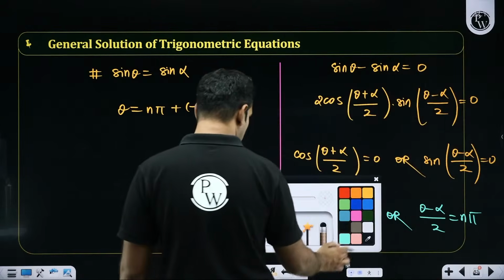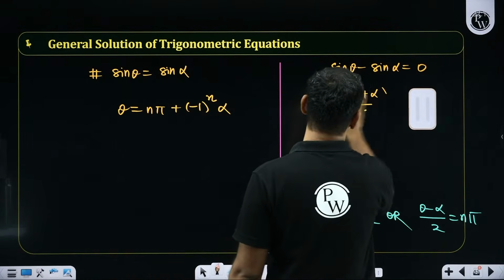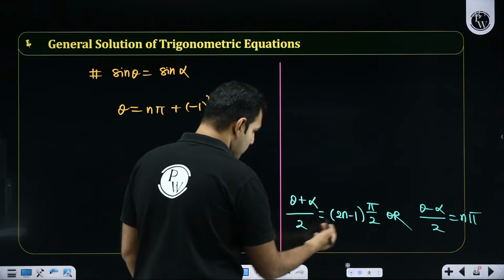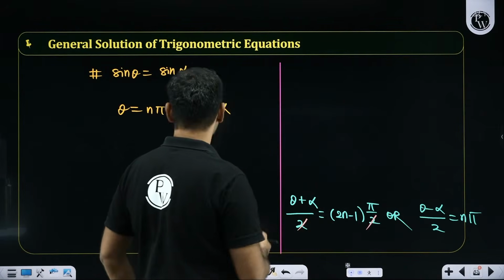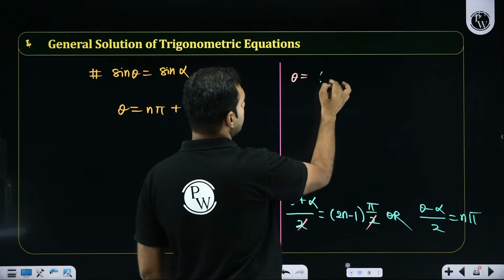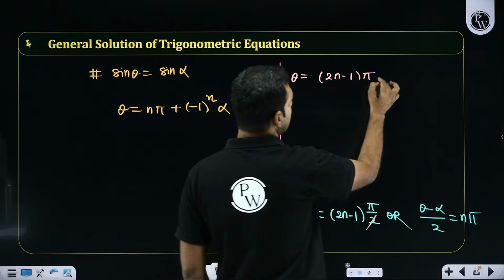Now what to do now, sir? Okay, so here, if I cancel this 2 by this 2, we get something in terms of theta. We want theta actually. So theta from here will be (2n minus 1) pi minus alpha.